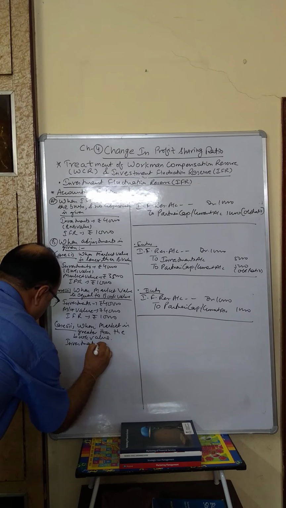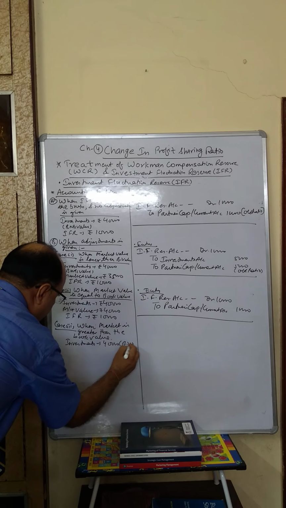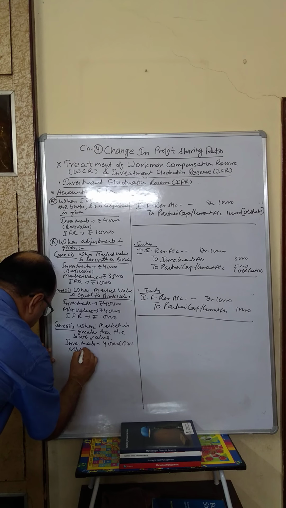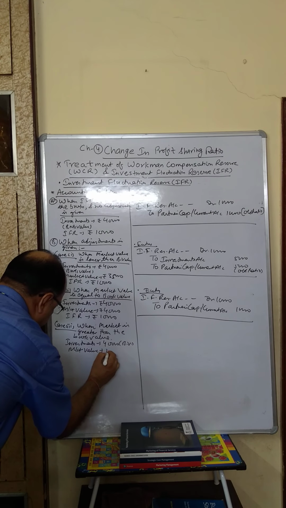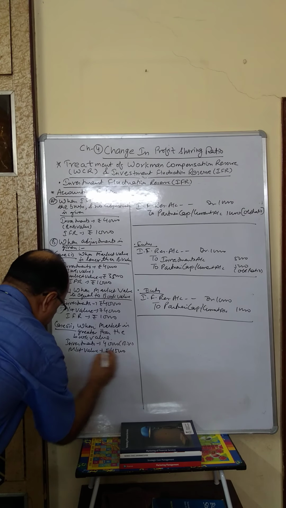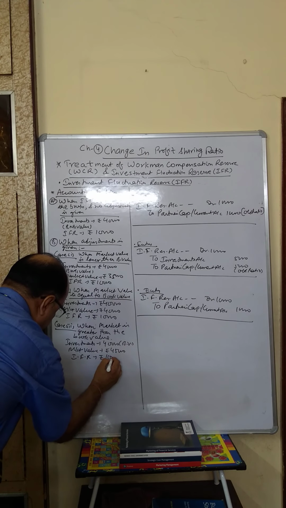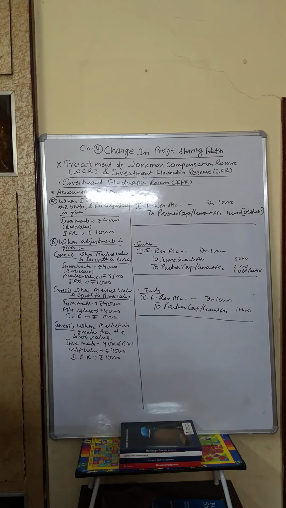Investments book value is given 40,000. BV stands for book value, MKT stands for market value. Say for example rupees 45,000, and IFR you had created rupees 10,000. So 40,000 book value, 45,000 market value, and IFR is 10,000.